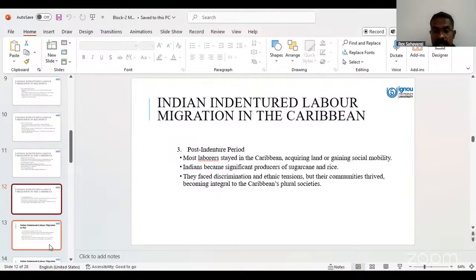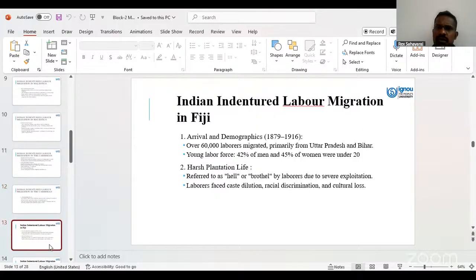As we saw yesterday in class, we discussed how even skilled or unskilled laborers can exercise soft politics in their host countries. So, Indian indentured labor migration to Fiji: they arrived from 1879 to 1906. Almost 60,000 laborers migrated, primarily from Uttar Pradesh and Bihar.